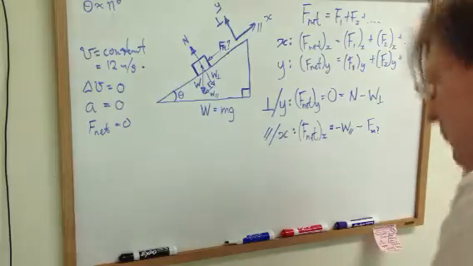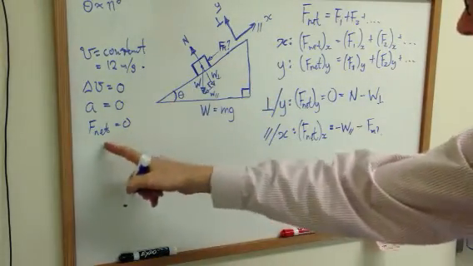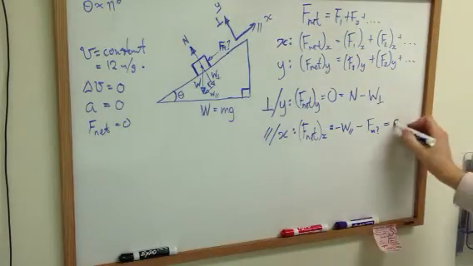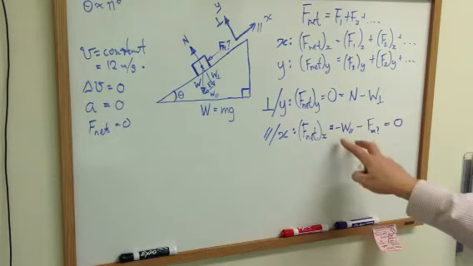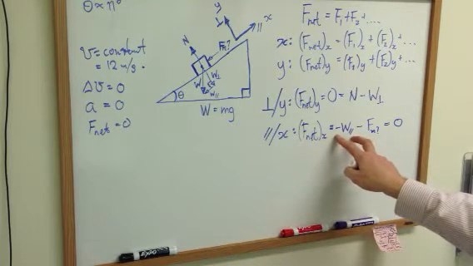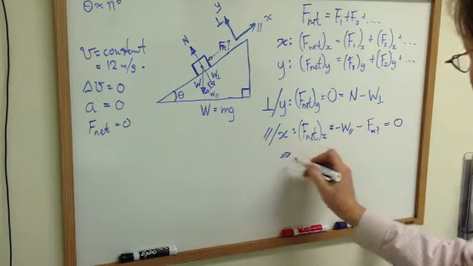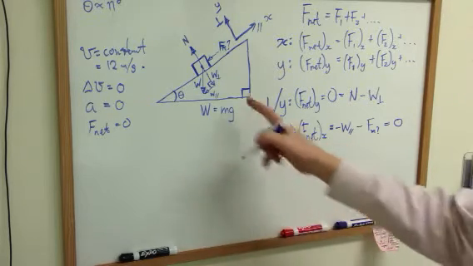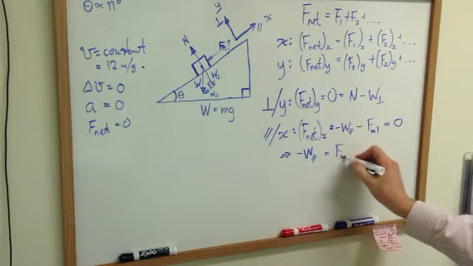And we can see that right away mathematically, because if we realize that the net force is 0 in the parallel direction, and we put it here, and I bring this force to this side, the mysterious force of the man, I'll have negative weight parallel is equal to the force of the man.